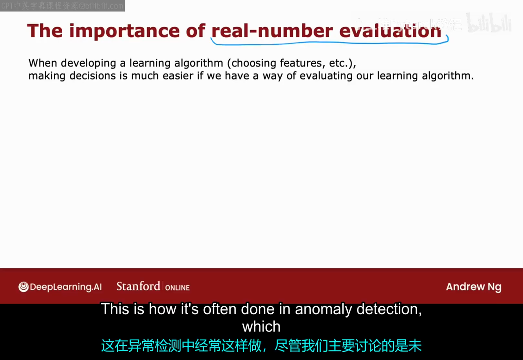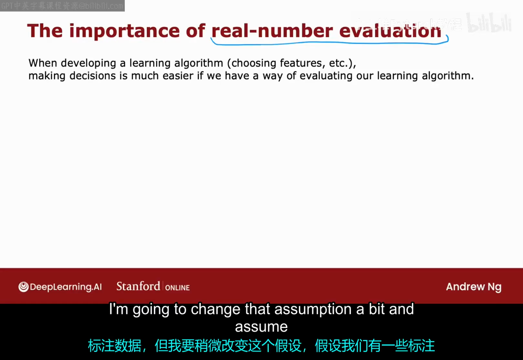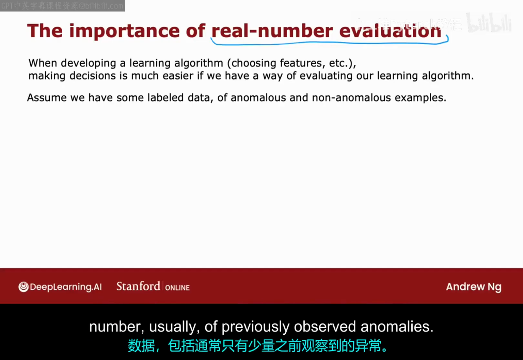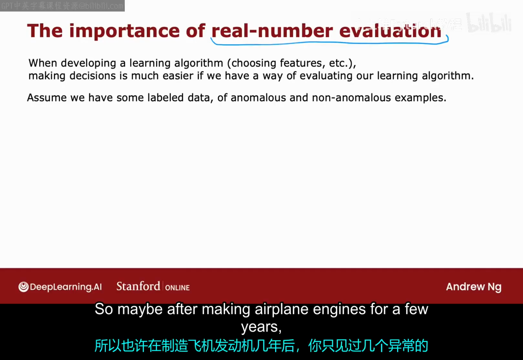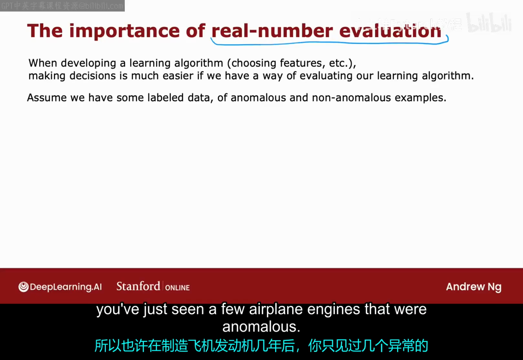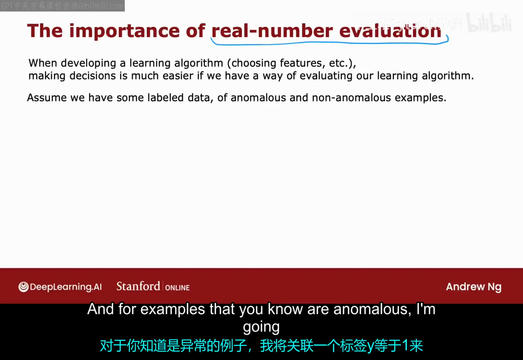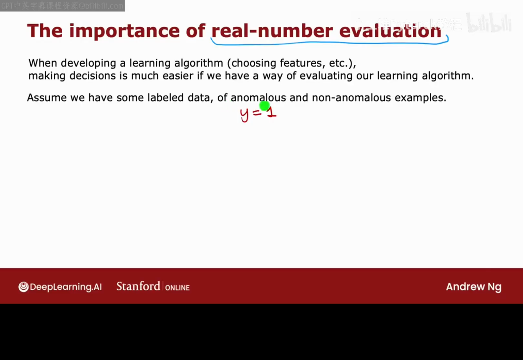This is how it's often done in anomaly detection, which is, even though we've mainly been talking about unlabeled data, I'm going to change that assumption a bit and assume that we have some labeled data, including just a small number usually of previously observed anomalies. So maybe after making airplane engines for a few years, you've just seen a few airplane engines that were anomalous. And for examples that you know are anomalous, I'm going to associate a label y equals 1 to indicate anomalous.